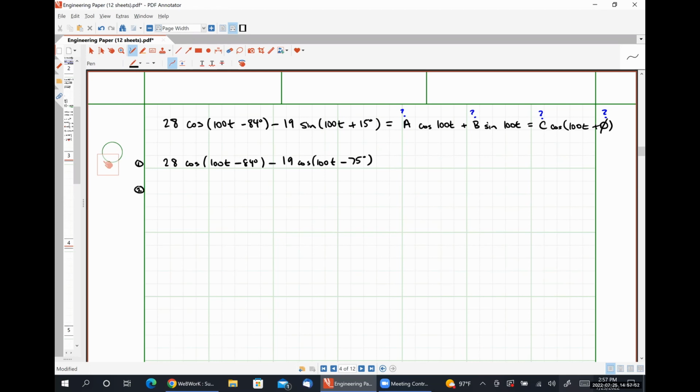The next thing I'm going to do is express these as complex numbers. So this is going to look like 28 angle negative 84 degrees minus 19 angle negative 75 degrees.